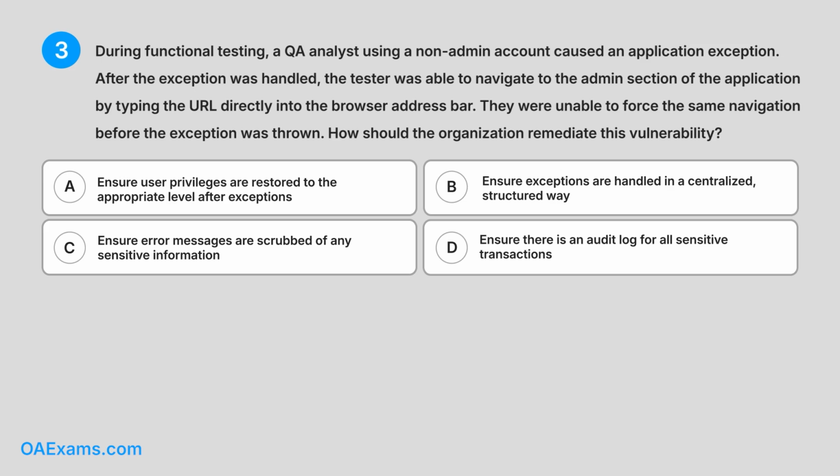How should the organization remediate this vulnerability? A. Ensure user privileges are restored to the appropriate level after exceptions. B. Ensure exceptions are handled in a centralized, structured way. C. Ensure error messages are scrubbed of any sensitive information. D. Ensure there is an audit log for all sensitive transactions. Can you guess the answer?